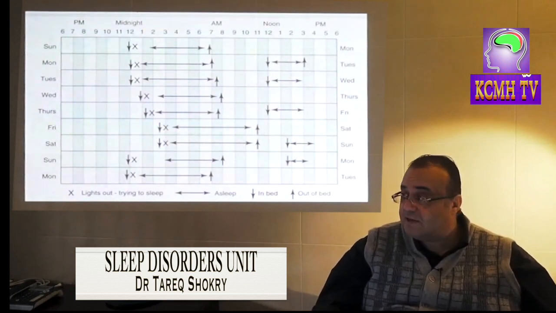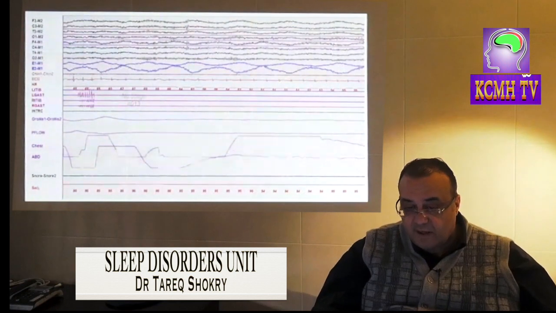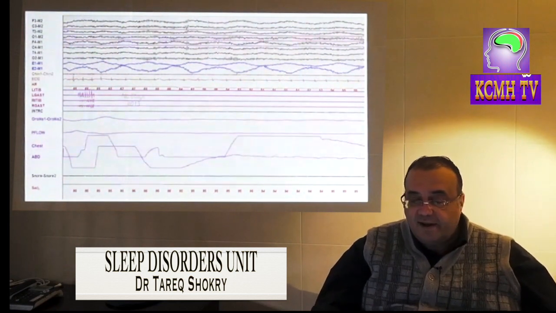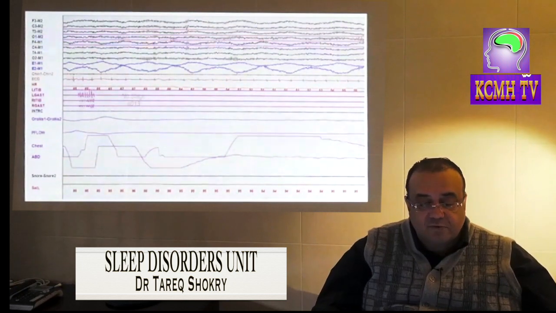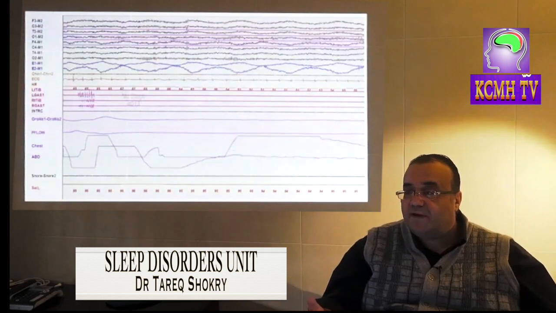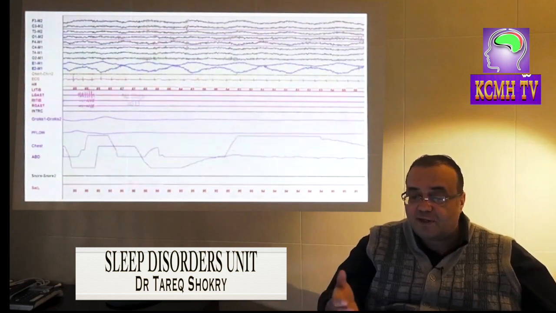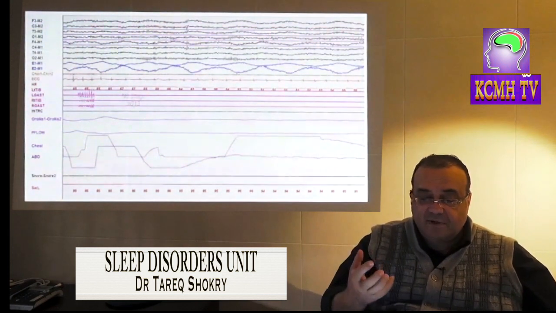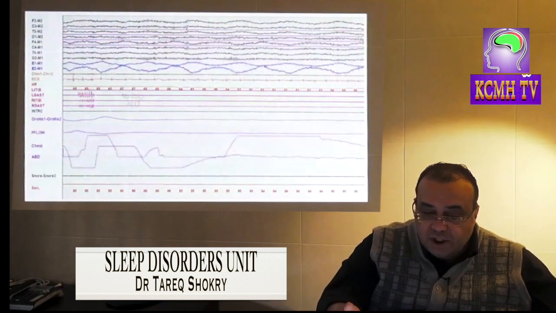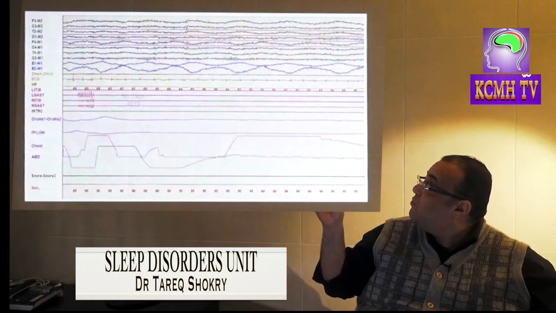So the sleep diary is one of the most important things. This is nothing except, I think it is better to see it in our machine, but this is polysomnography. Of course, as you see, there are a lot of EEG channels until the blue colored line.